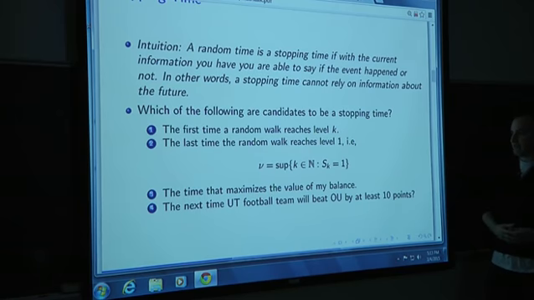Some things that are not stopping times that you might hear a lot in investment propaganda or advertising: suppose you have another stochastic process that gives you returns on your investment, and the guy promises to maximize the value of your balance in 1 year from now. He will stop it at your maximum amount of winnings or something like that.